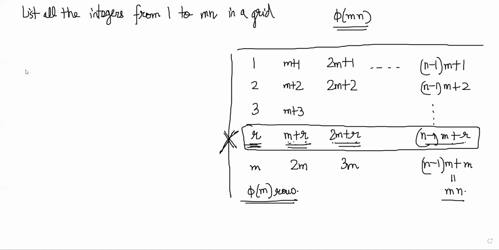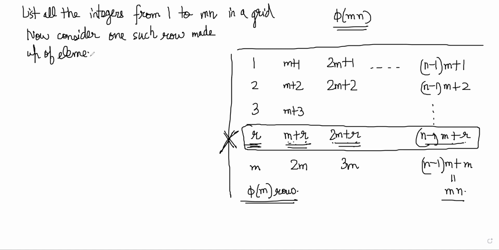So what we will say is, now consider one such row made up of elements k times m plus r, where k goes from 0 to n minus 1, and obviously m and r have a common GCD of 1.